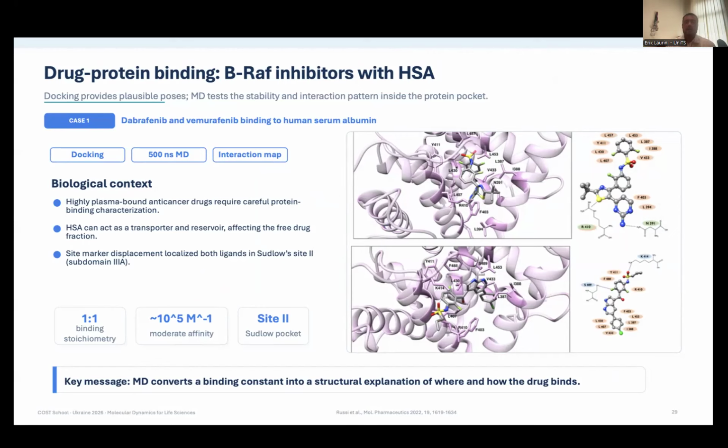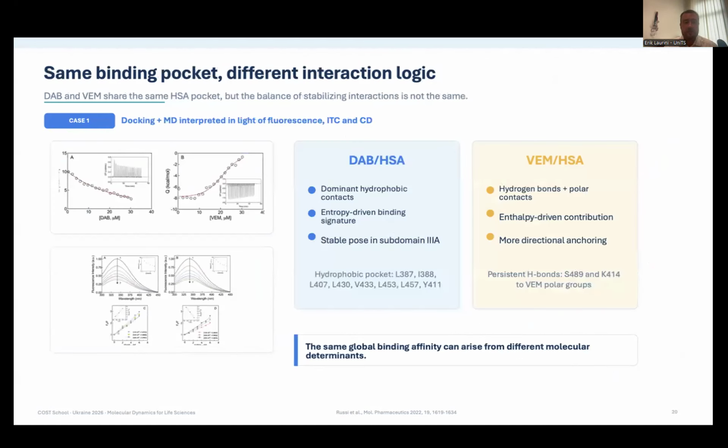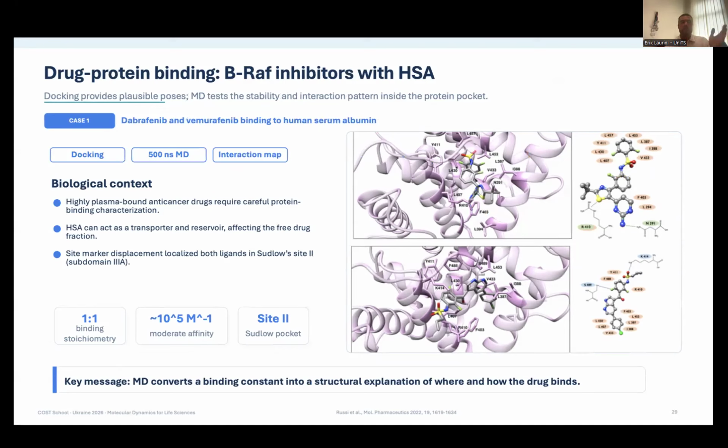What we have to explain with molecular dynamics: from experimental techniques, calorimetric and fluorescence techniques, we were able to measure that dabrafenib and vemurafenib bind HSA with the same affinity, but with a completely different thermodynamic approach.